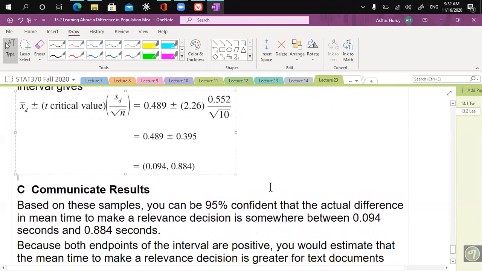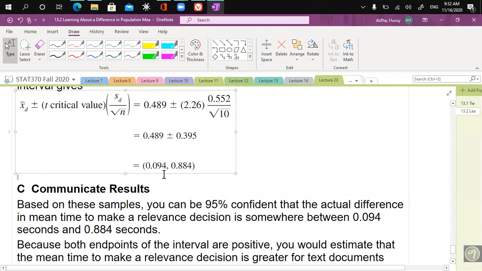So what I mean by this is, when both of them are positive, then we can say that the mean difference is greater than, okay, let me write it here. Of course this is a confidence interval, but for the hypothesis test, we had mu sub d greater than 0.